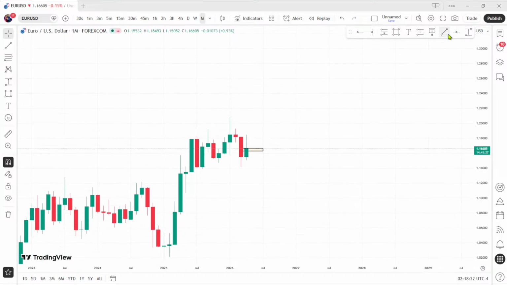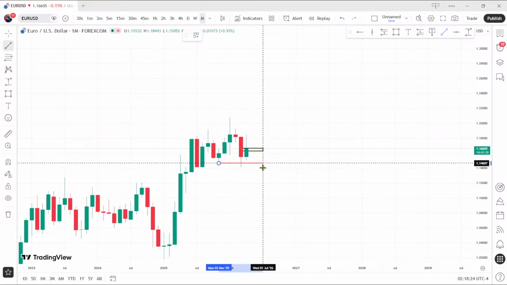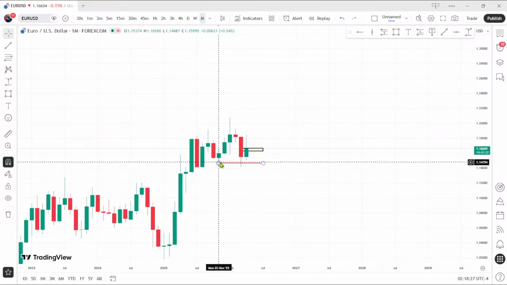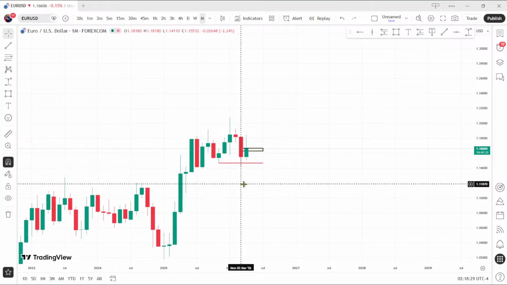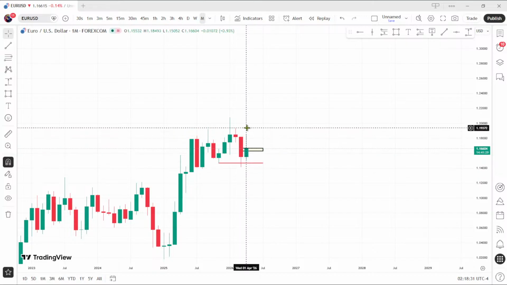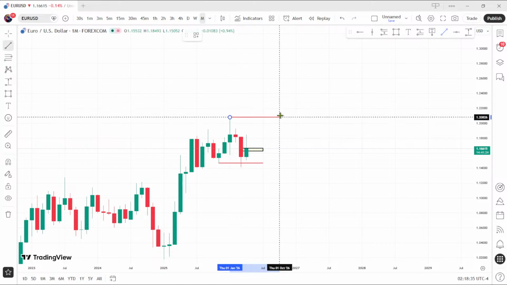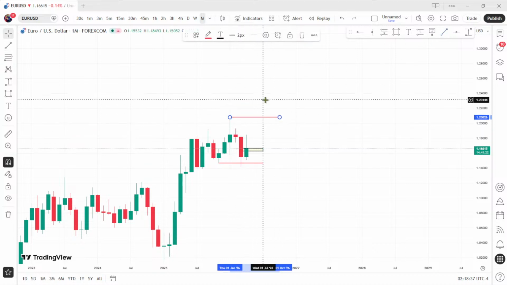Reason again for bullish in euro. Here in the monthly, you see price swept that monthly low, started rallying higher. Now what I'm expecting for euro is price probably wants to reach this high, so we are bullish.